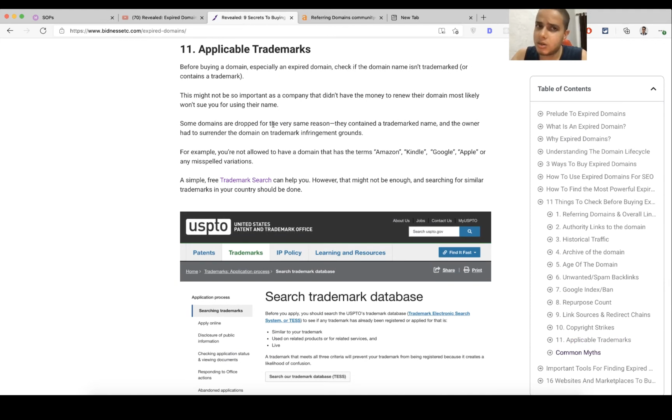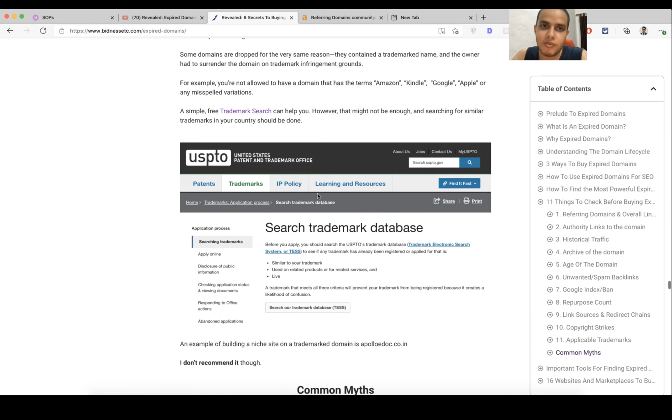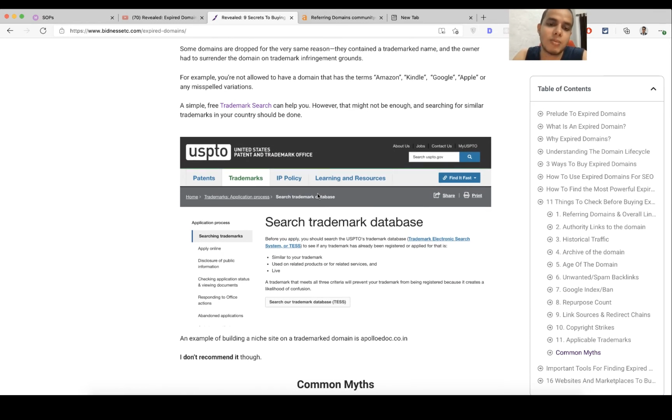Trademarks are not very important if they don't come from very big brands, but in general we'll want to avoid trademarks if the domain doesn't have a lot of good links. But if the trademark is from a company which maybe went bankrupt, or they didn't even have the money to renew their domain itself, that is not a problem at all.